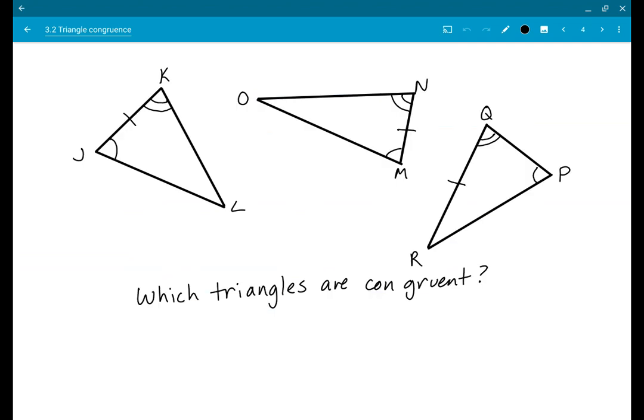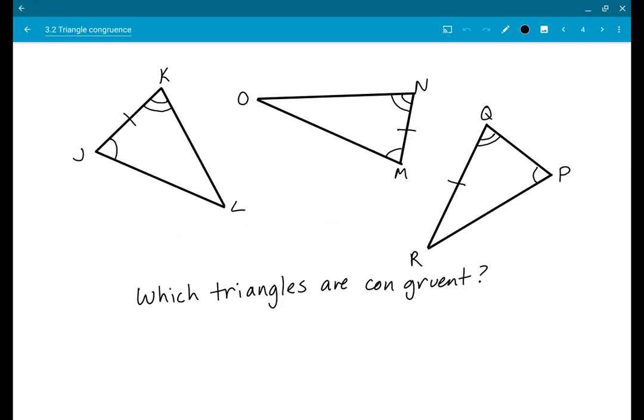Now here's a question for you. Which of these triangles are congruent? I'll give you a hint. Two of the triangles are congruent. Did you see that we have angle, side, angle on triangle JKL and angle, side, angle on triangle OMN, the two left triangles?